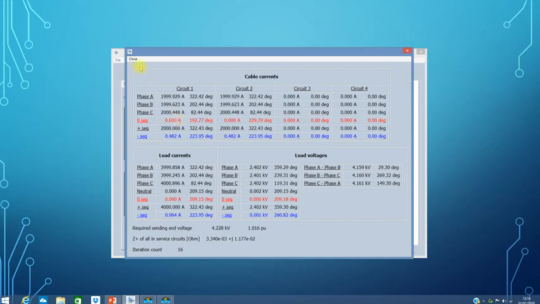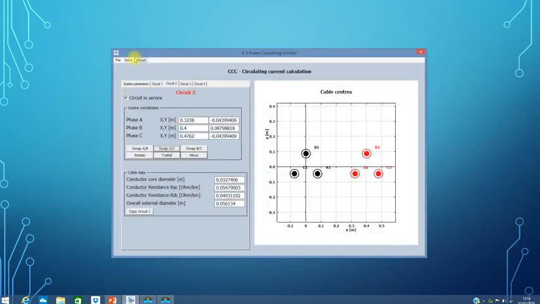So these examples demonstrate that the zero sequence current, which will circulate between the three-phase circuits, is very, very sensitive to the phasing of the individual conductors in the three-phase circuits.